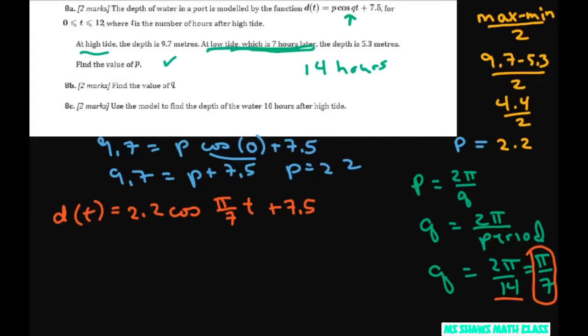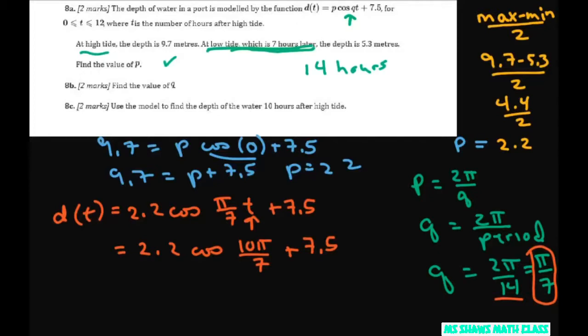And they want 10 hours, so that's going to be 2.2 cosine of, you substitute t for 10, so that's 10 pi divided by 7, plus 7.5.